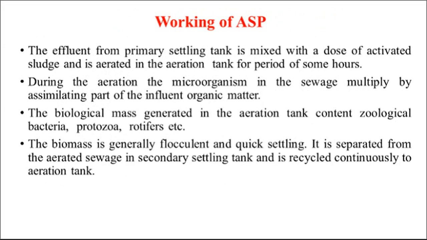Then, the working of the activated sludge process. The wastewater from the primary settling tank is mixed with a dose of activated sludge and is aerated in the aeration tank for a period of some hours. During this aeration, the microorganisms in the sewage multiply in number by assimilating part of the influent organic matter, meaning they consume the organic matter present in the wastewater.